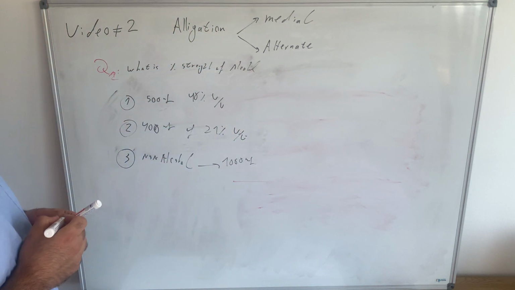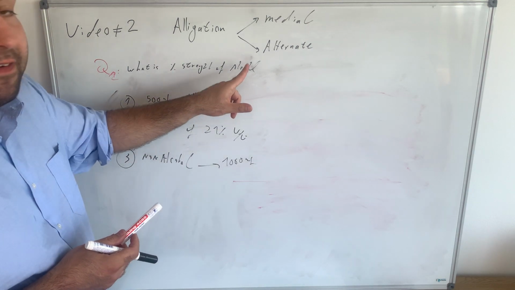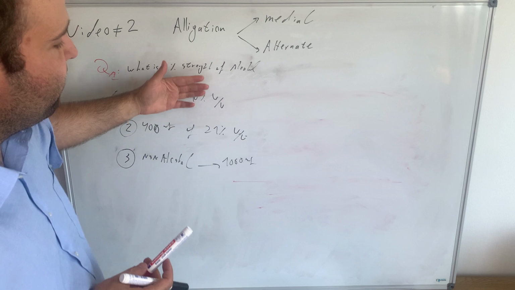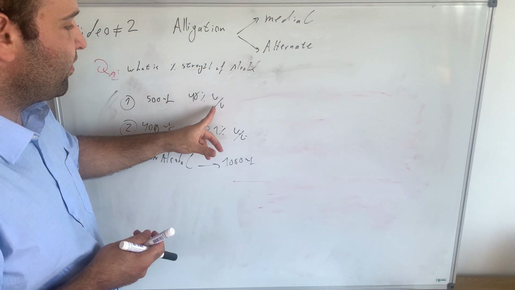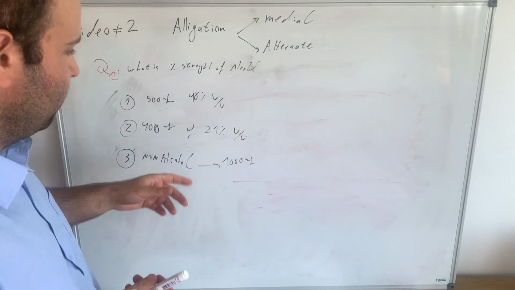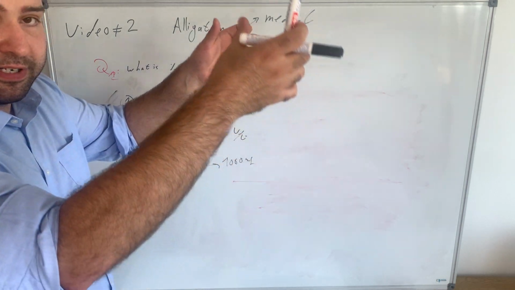So the question says, what is the percentage strength of alcohol? So we do two different mixtures. In one bottle we have 500 milliliter of 40% ethanol. In the second bottle we have 400 milliliter of 21% ethanol.